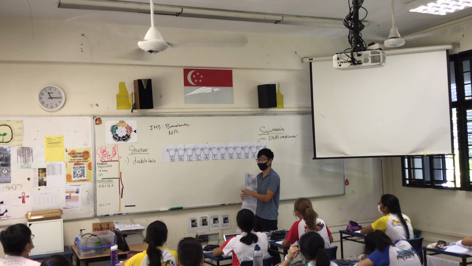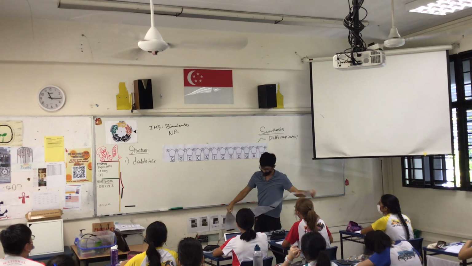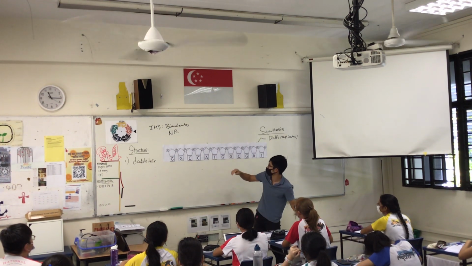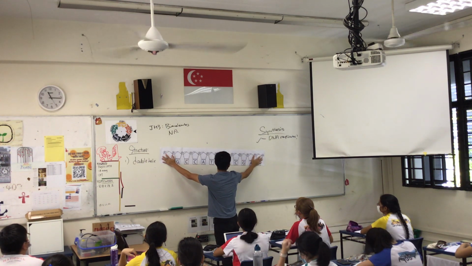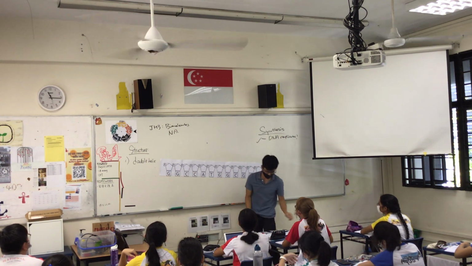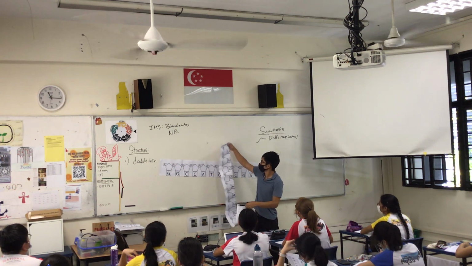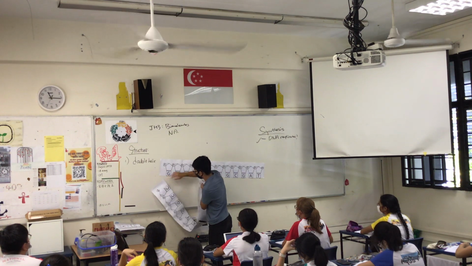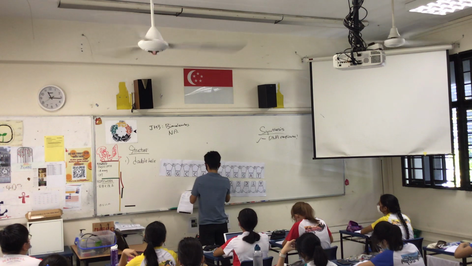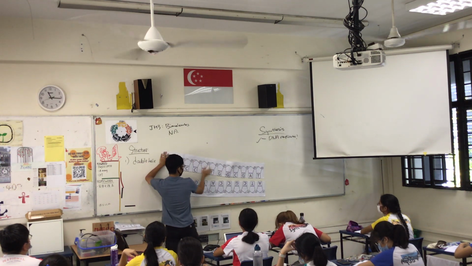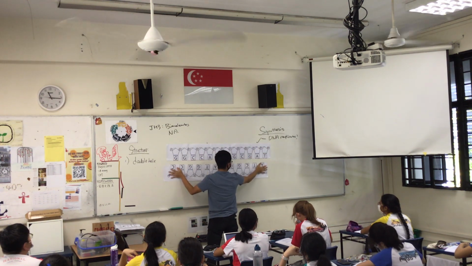Okay, so we have a double helix on the whiteboard, but just represented by two strips.